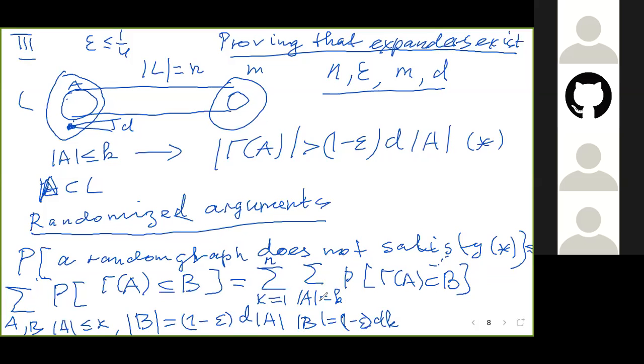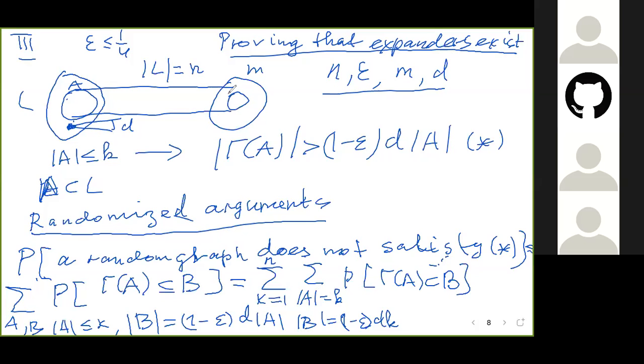The set A can be chosen in n choose K possible ways. The set B can be chosen in m choose that much possible ways. And for each choice of A and B, what is the probability of this event?